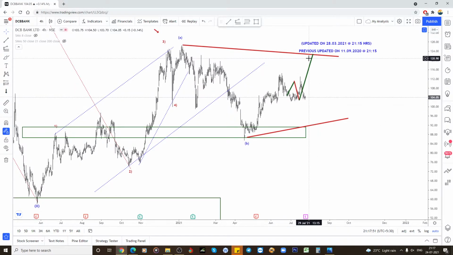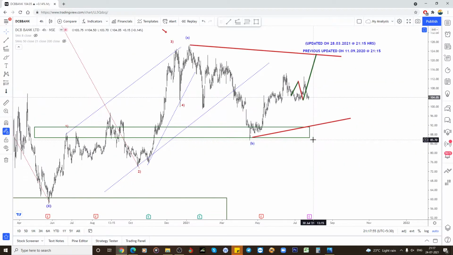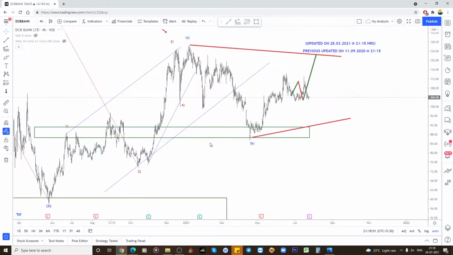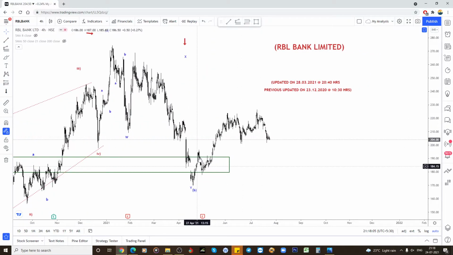And if it is so bullish, this can be the end of the B, and it will be a C wave. Otherwise, it can make a triangle if it is a bigger consolidation. So same thing in RBL Bank. Here, 1, 2. So whether this could be a fifth wave, or if this is ABC, then ABC, and one more low I'm expecting.